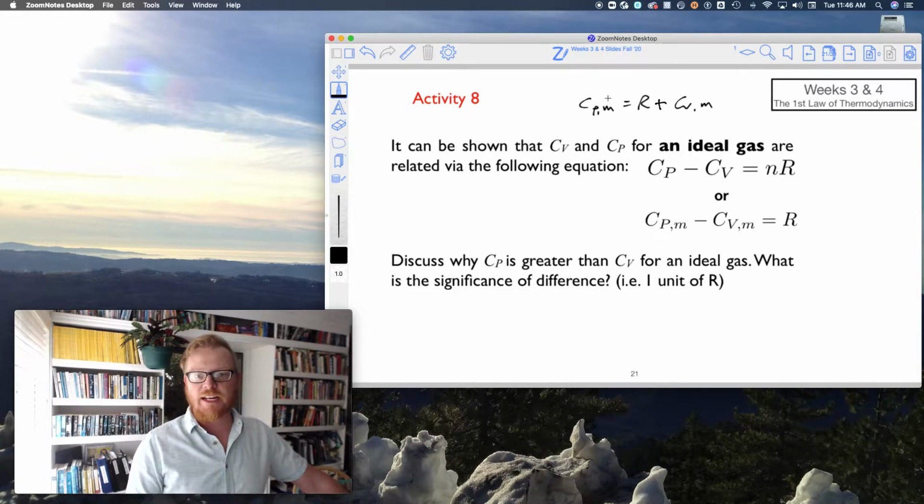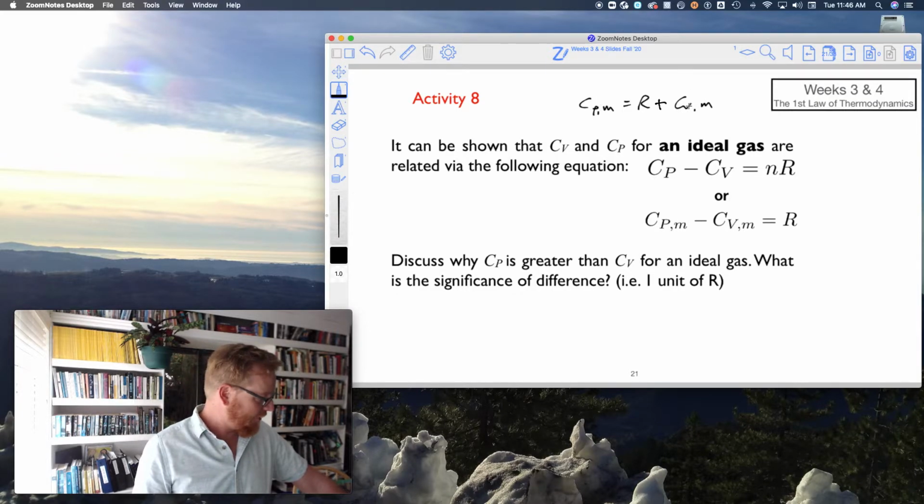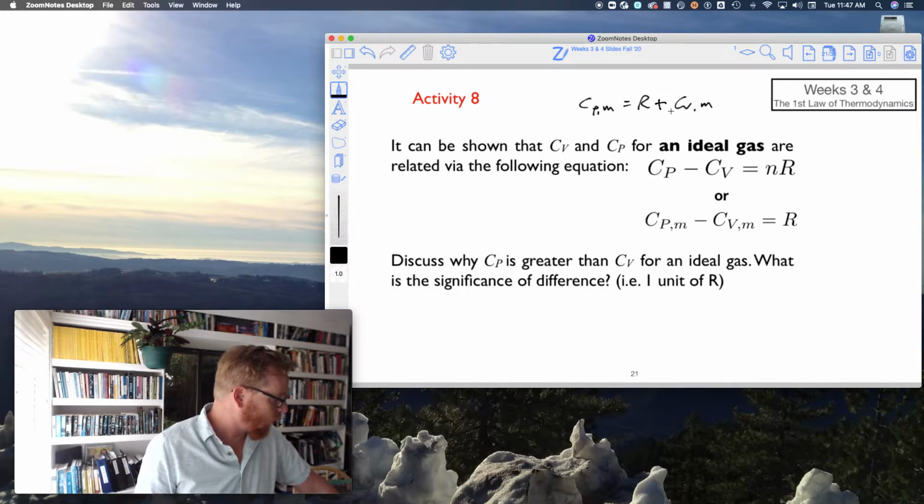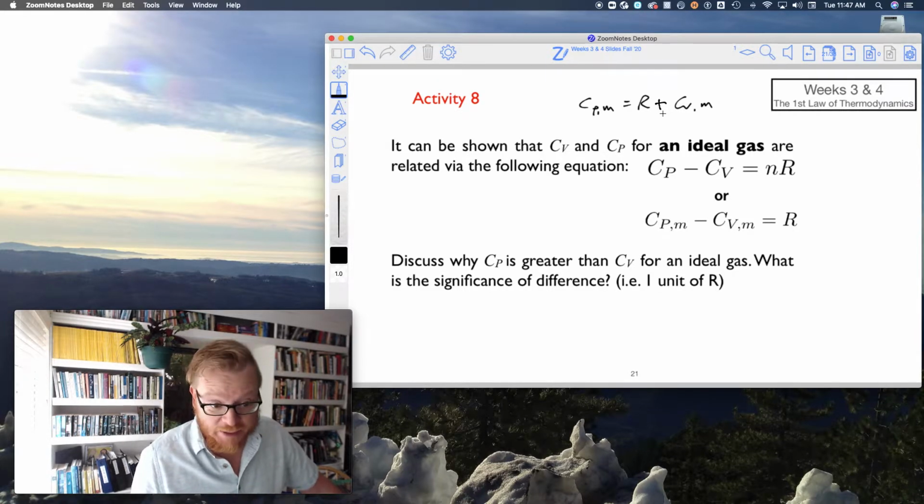Okay, and so the reason for CP being greater than CV is because most systems expand when heated, particularly at constant pressure. Such systems will do work on the surroundings, right?